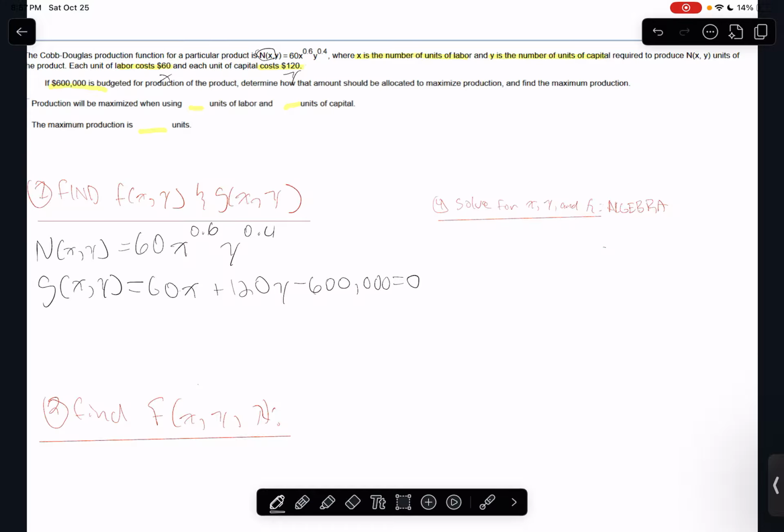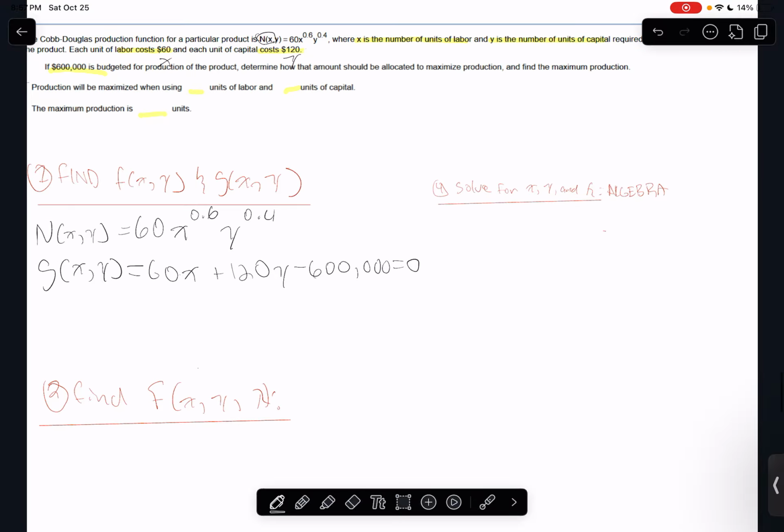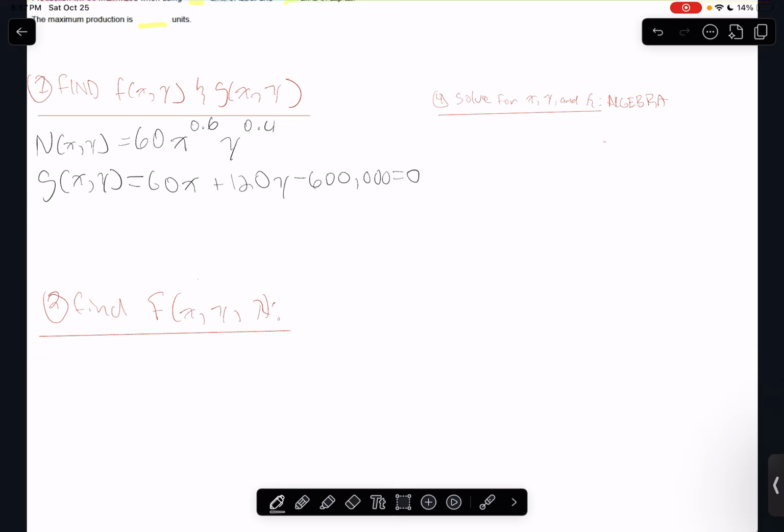All right, perfect. So the second step is to create the equation for Lagrange multipliers. All right, we all know that equation now. I don't want to beat a dead horse, but we're going to have f of x equals 60. And we're going to also take the derivative in this process, okay?